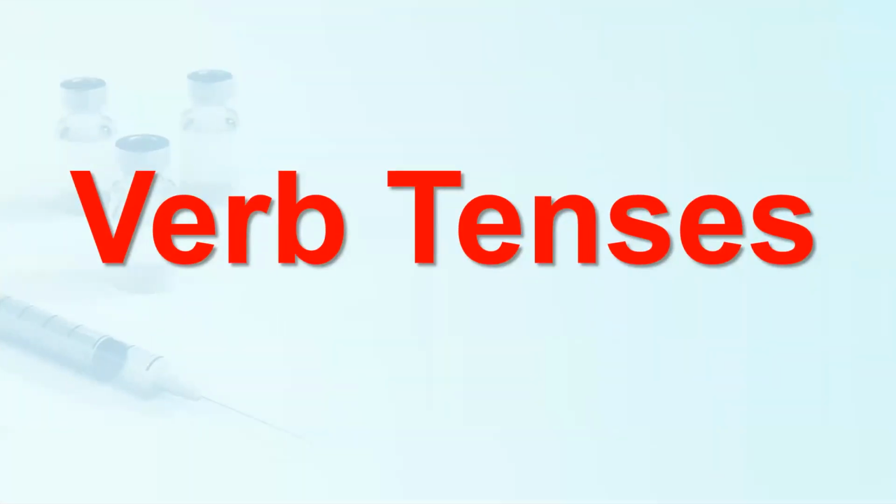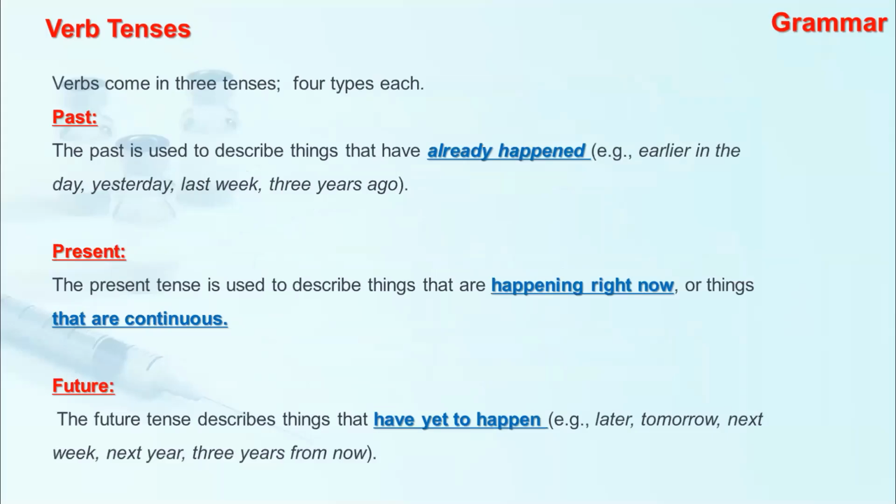So let's start with verb tenses. Verb tenses come in three tenses and four types each. The first one, past, the second one, present, and the third one, future.